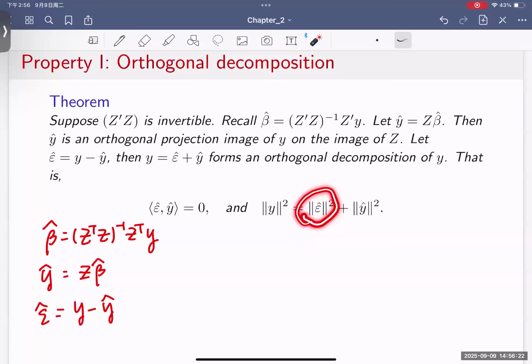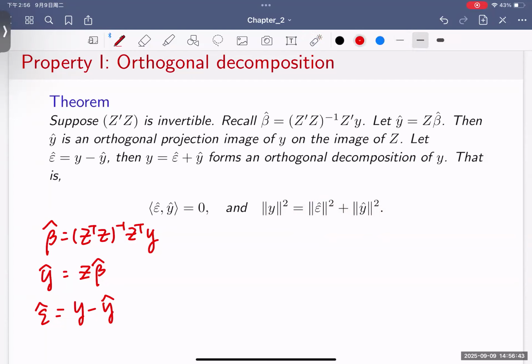One is our residual, another is our prediction. Okay, so how do we understand this one? At first moment, this is quite weird, but actually it has a geometric explanation. So maybe we just see the explanation first and then demonstrate this property.